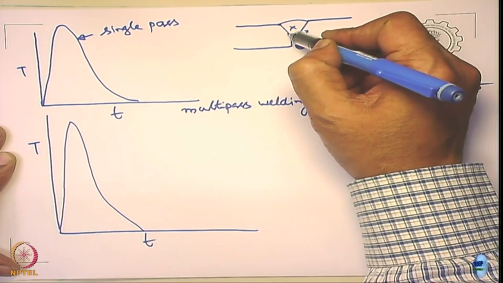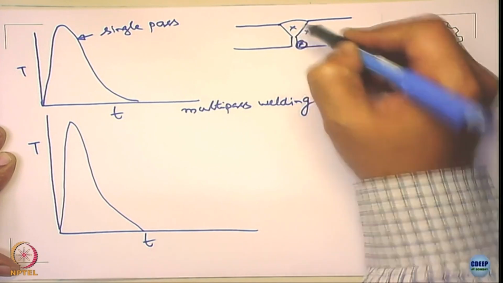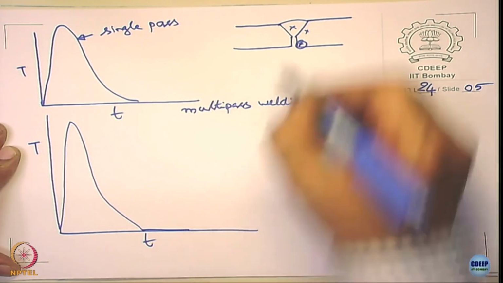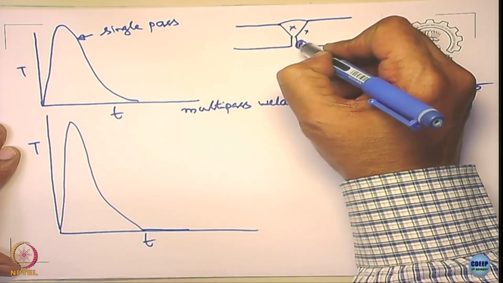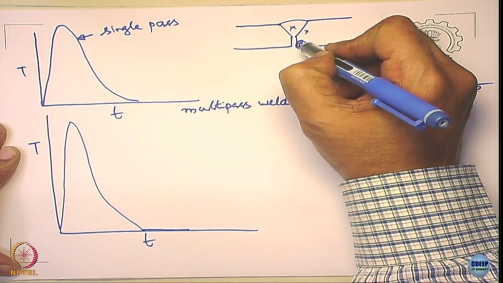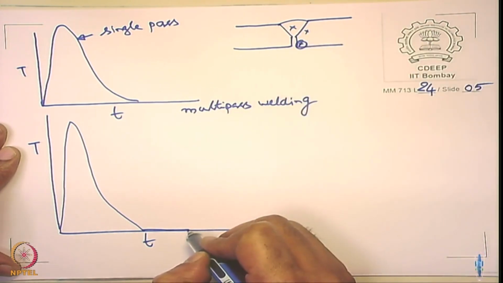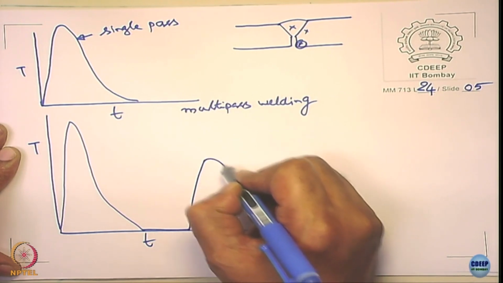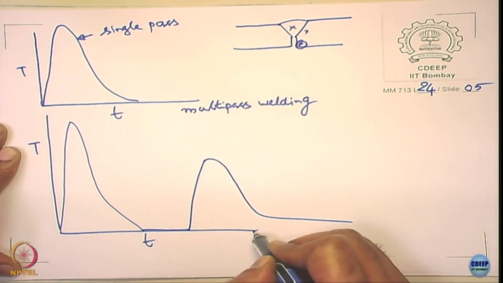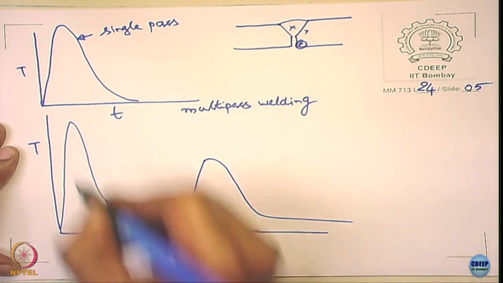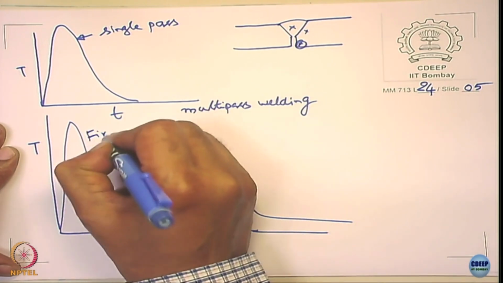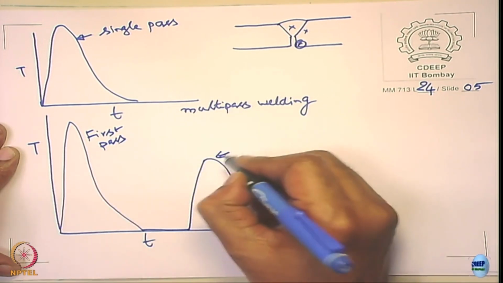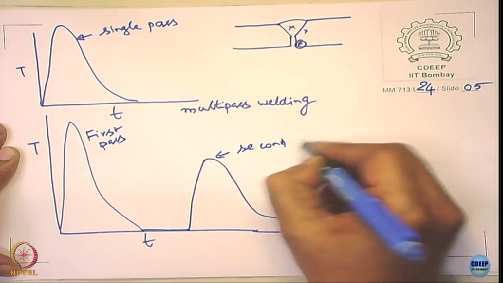If I am going to put one more layer over here, what happens? Again, look at this zone very close to the fusion zone. This is the first pass, the second pass.